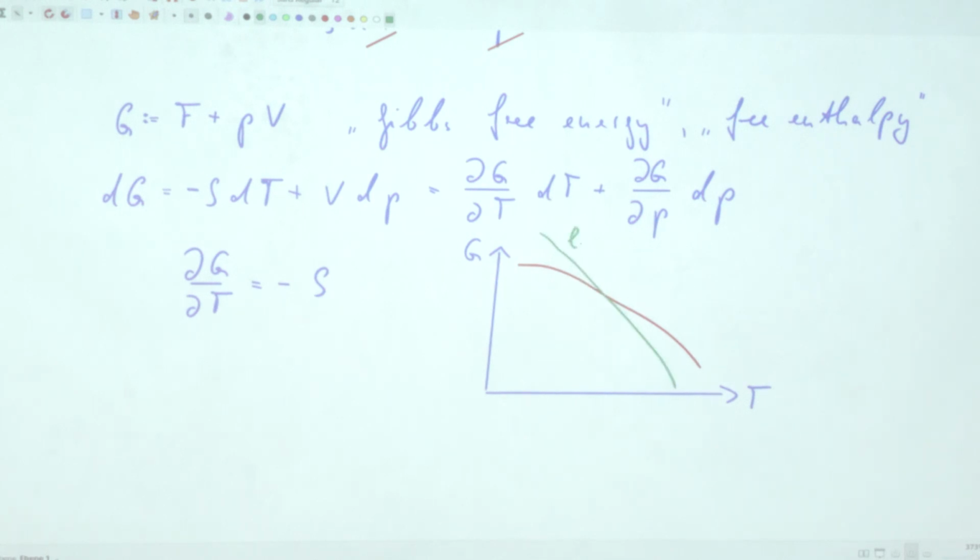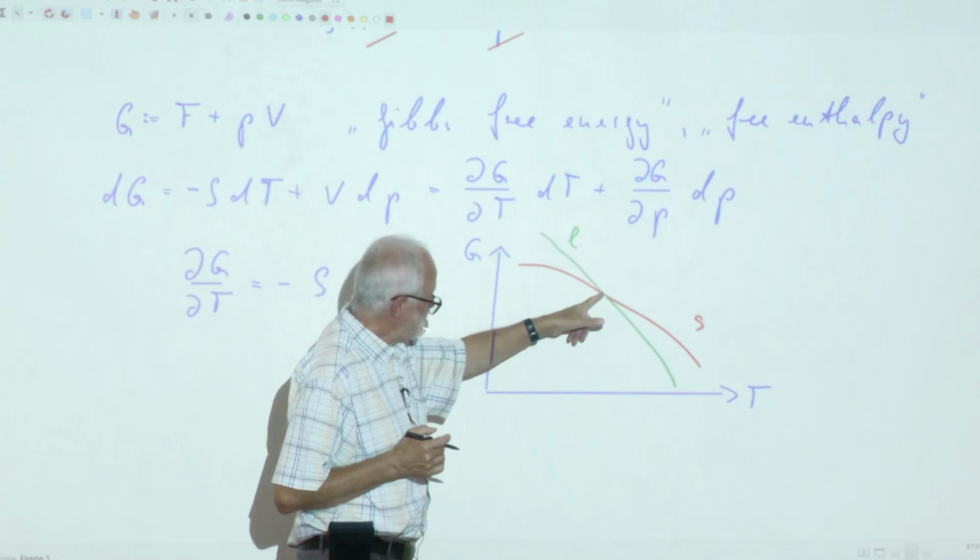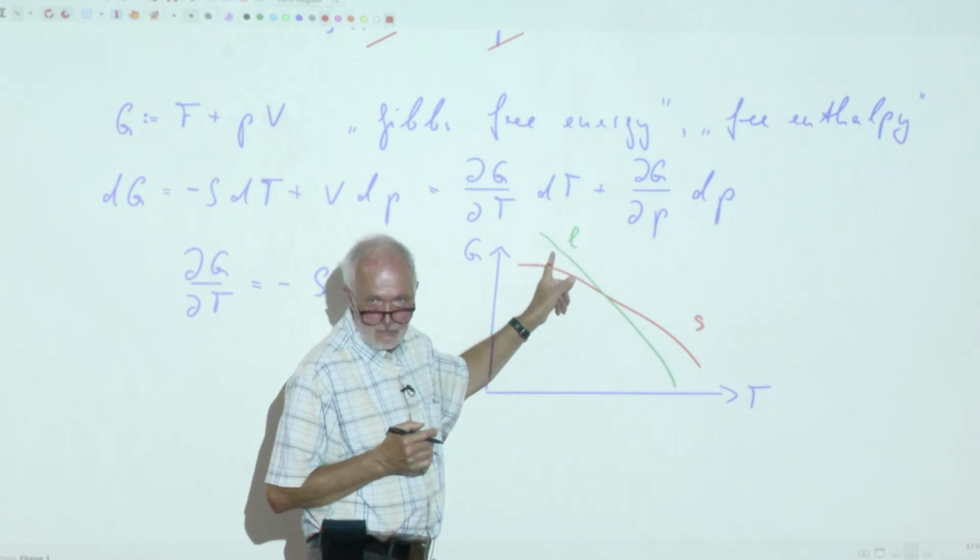So for example, this might be a solid, the red one, and the green one is a liquid. Now if we say under our conditions with constant pressure and constant temperature, or if we vary the temperature slowly, we have to minimize the free enthalpy.